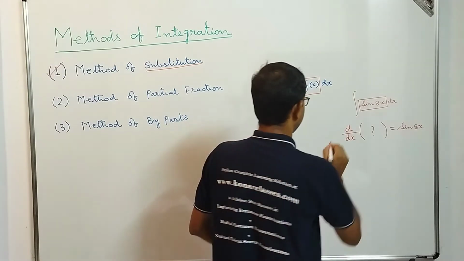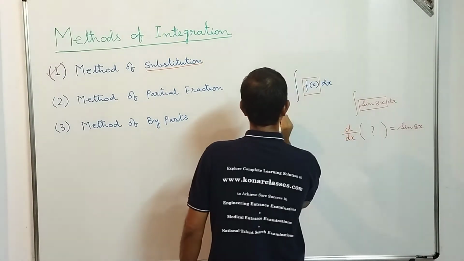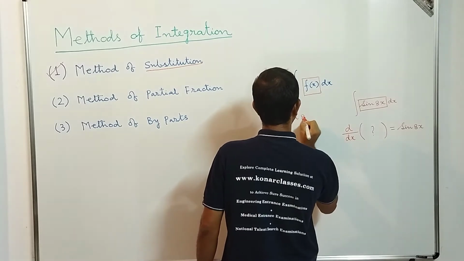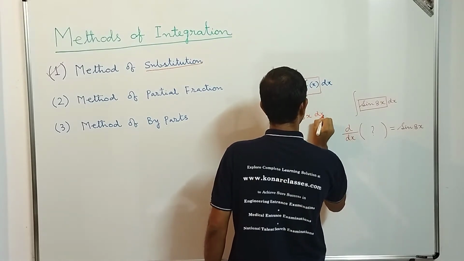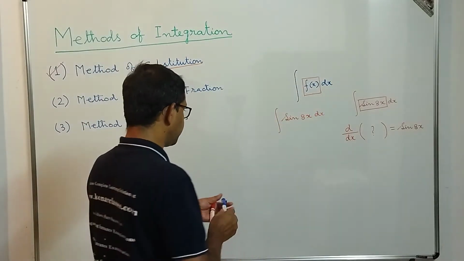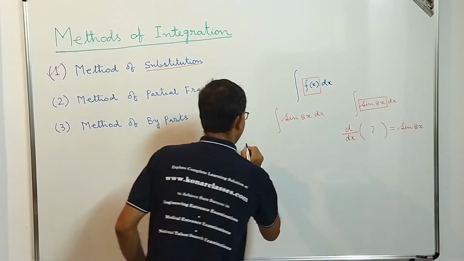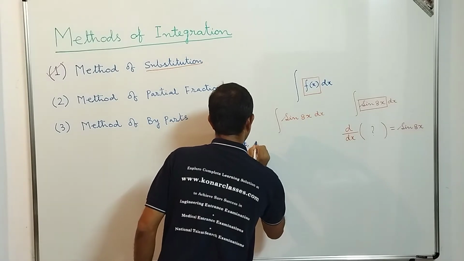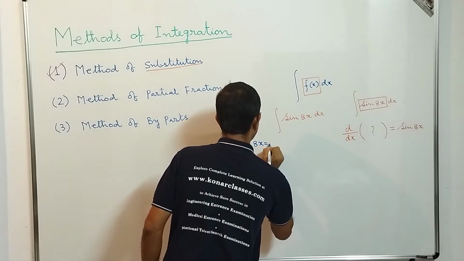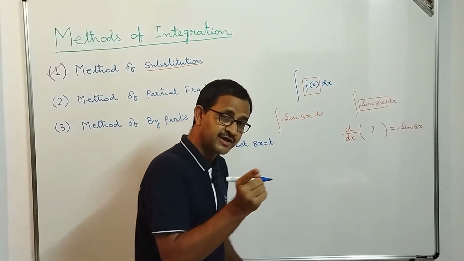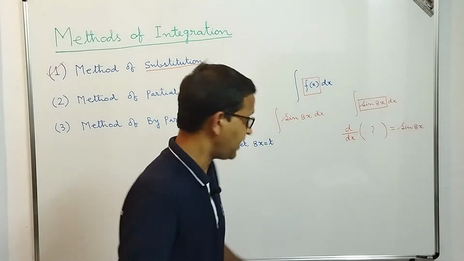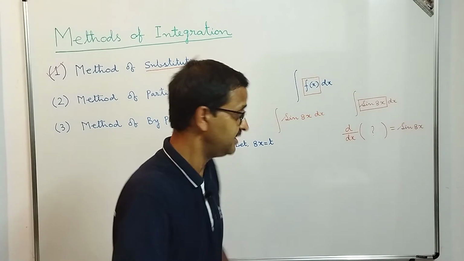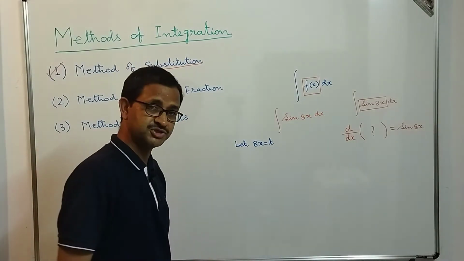What you need to do is, let's assume that 8x equal to t. That means t is a variable and 8x has been substituted by another variable called t. That is why it is called the substitution.